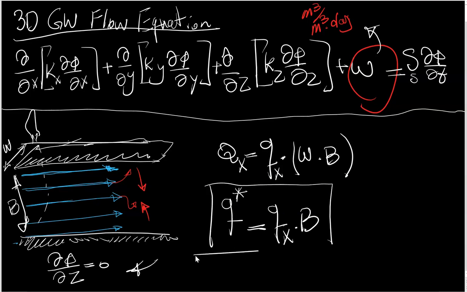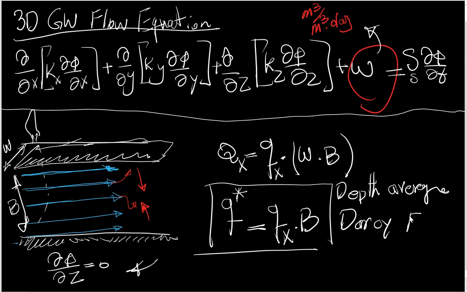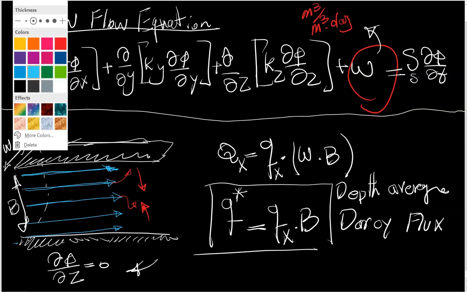This is actually called the depth average Darcy flux. If you look at the unit of this, things will be much more clear.